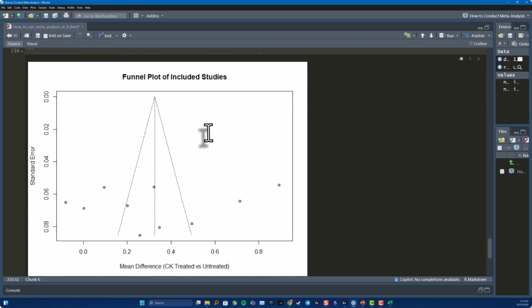So here what we're looking to see is where's the funnel overall. So these are the 95th percent confidence intervals coming off on these pyramids. And we can see that the overall effect is about 0.27 or 0.3 or something like that. And we're looking for the standard errors to not be all over the place. So we're looking for a nice straight line, which is what this represents here.